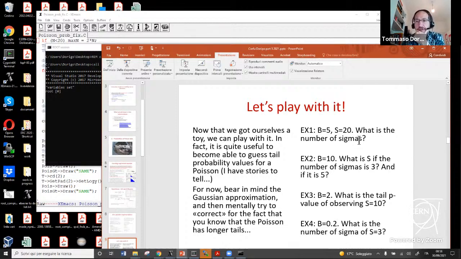If B was 5 plus or minus square root of 5, as in a Gaussian measurement, 20 would be 15 more than 5, and 15 divided by square root of 5, which is 2.2, is about 7 sigma. So is it 7 sigma? No, it's a little bit less, because the Poisson has longer tails than the Gaussian.